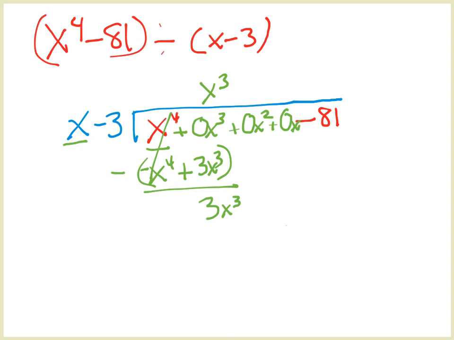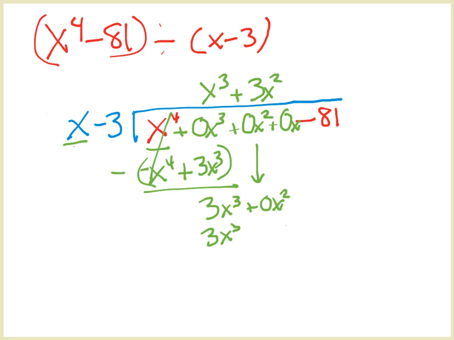Bring down my next term, plus 0x squared. So x times what equals 3x to the third? I'm going to say plus 3x squared. So x times 3x squared is 3x to the third.